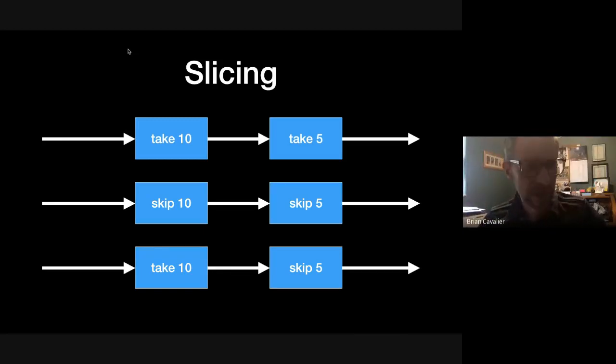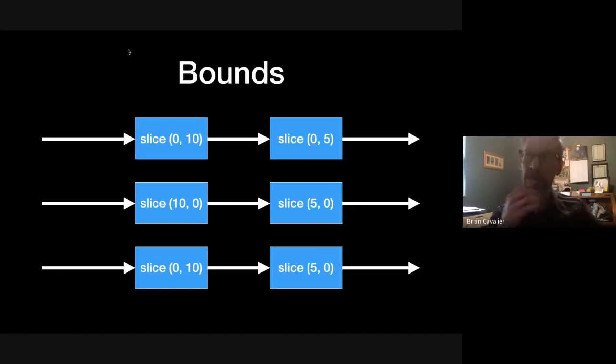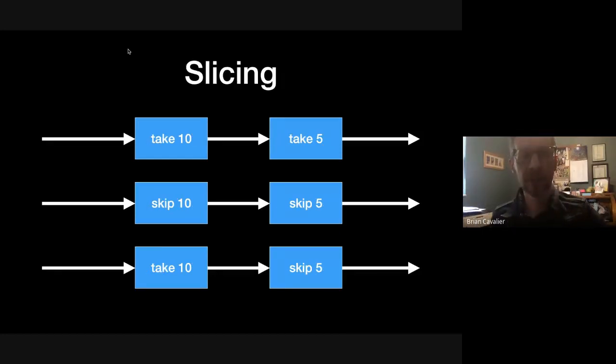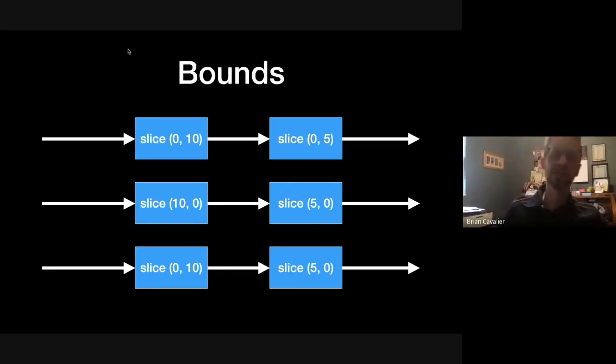They're not exactly monoid operations in and of themselves. But if we change this picture a little bit, and we think about this as pairs of numbers, which in some cases might be 0. So if you just look at the top set of nodes, take 10, take 5, we can represent that as a new operation called slice, which has two numbers, a skip value and a take value.